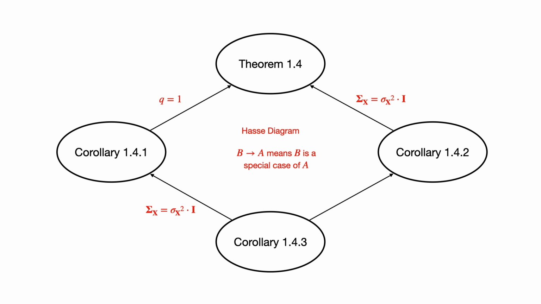It's the common variance sigma squared sub x times the identity matrix. And then finally, Corollary 1.4.3 can also be thought of as a special case of Corollary 1.4.2 in the sense that in Corollary 1.4.3, q is equal to 1. Now, since Corollary 1.4.3 is a special case of the other two corollaries, and because each of those corollaries is a special case of 1.4, Corollary 1.4.3 is obviously also a special case of Theorem 1.4.